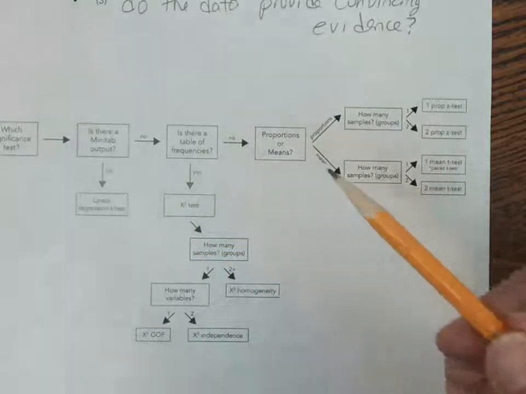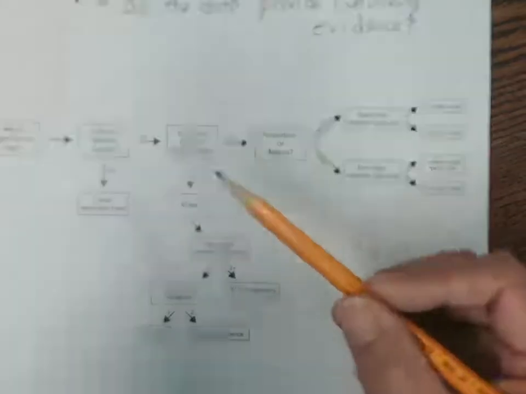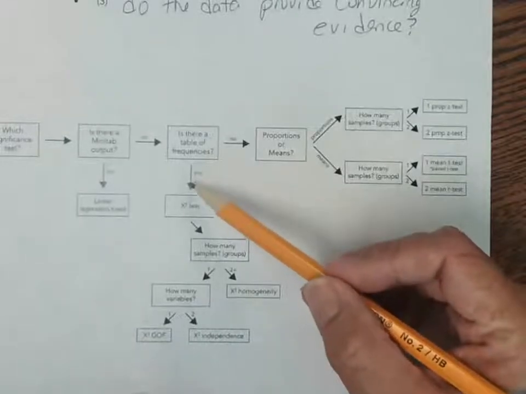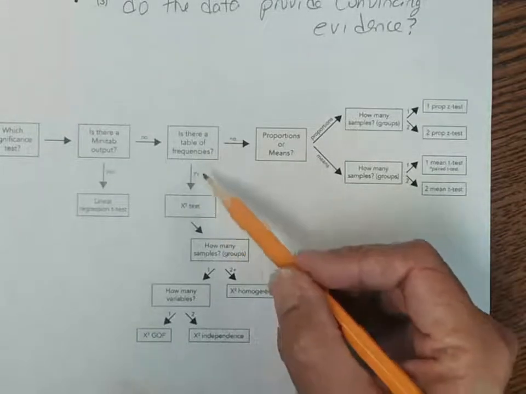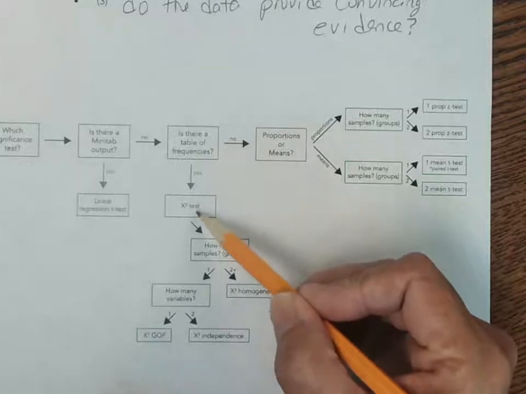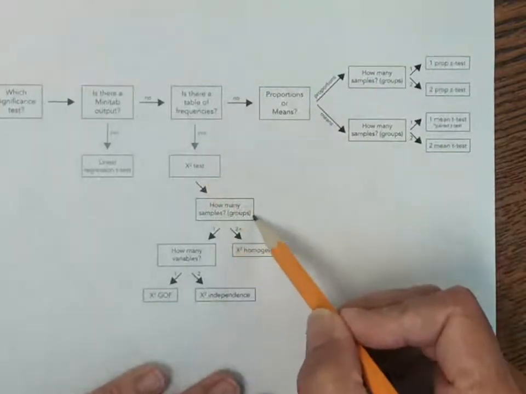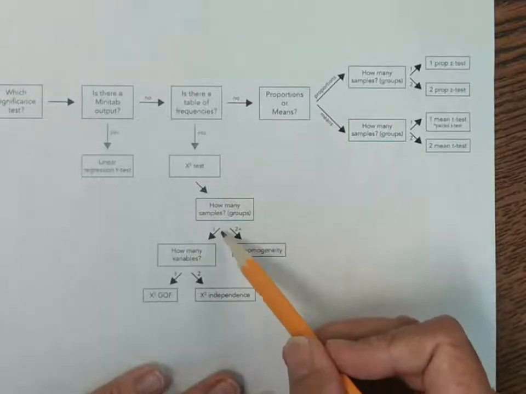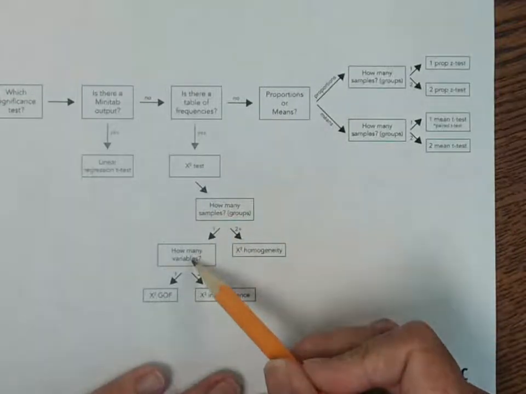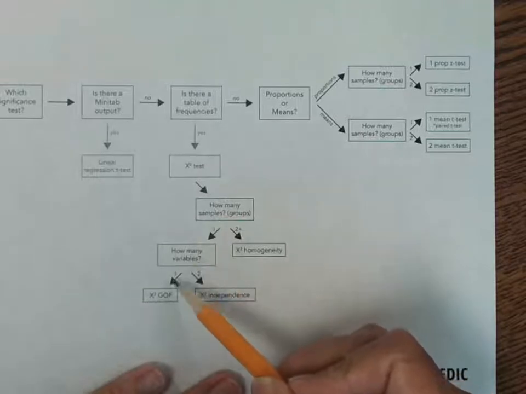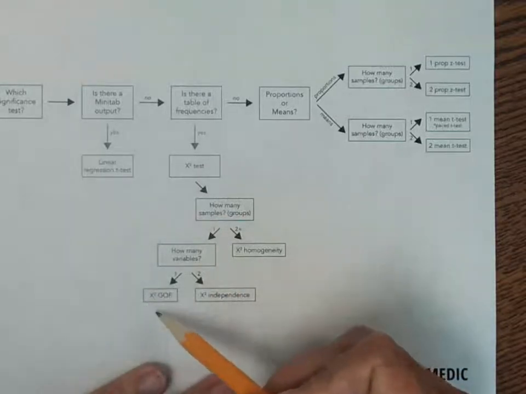Okay, is there a table of frequencies? A two-way table it could be. If you do have a table, you're doing some sort of chi-square test. We want to see how many samples or groups we have. If you have one, then you want to check how many variables you're looking at. If it is just one, you're looking at a goodness of fit.